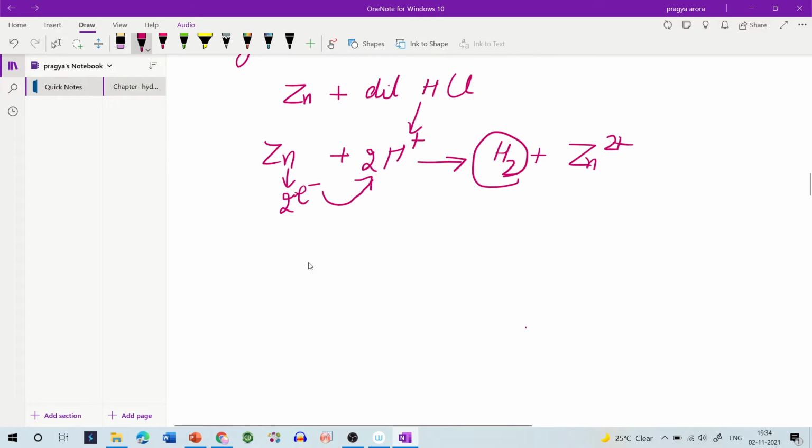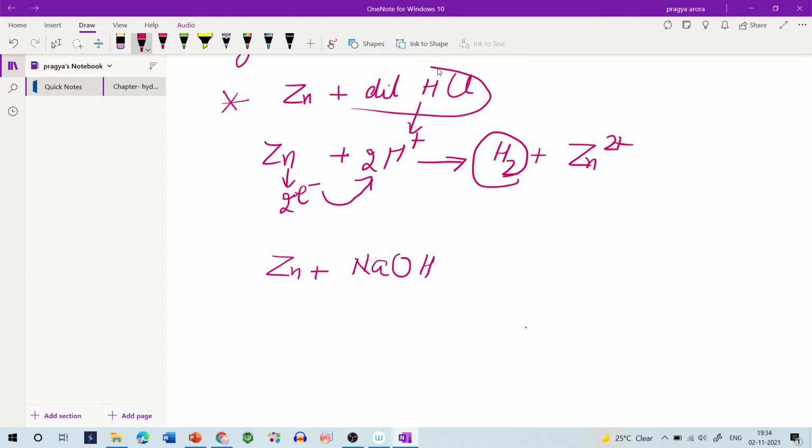Or it could be like zinc is taken in the presence of sodium hydroxide, that is a base. Here in the first method, dilute HCl was used.